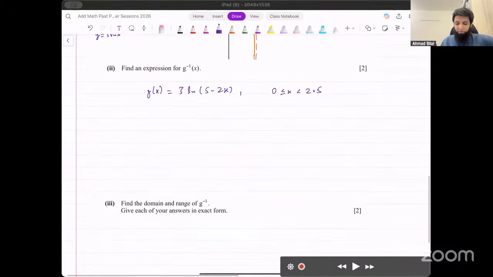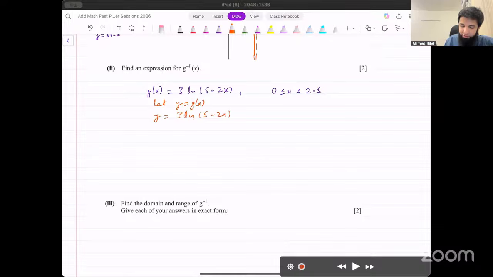Now, what about the inverse function? We can say let y equals g of x. y equals 3 ln of 5 minus 2x. Make x the subject. y over 3 equals ln of 5 minus 2x. Base of ln is e.